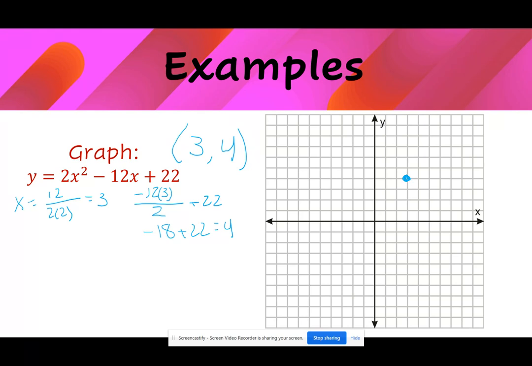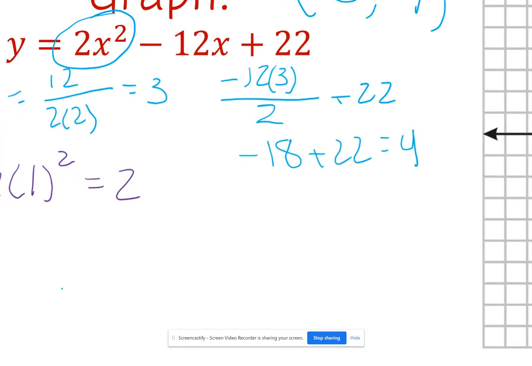And then choose to plug in 1 to your ax squared. So 2 times 1 squared is 1, times 2 is 2. So you move over 1 to both sides and then up 2, since that was what your answer was. Over 1 and up 2. Then I'm going to plug in 2.